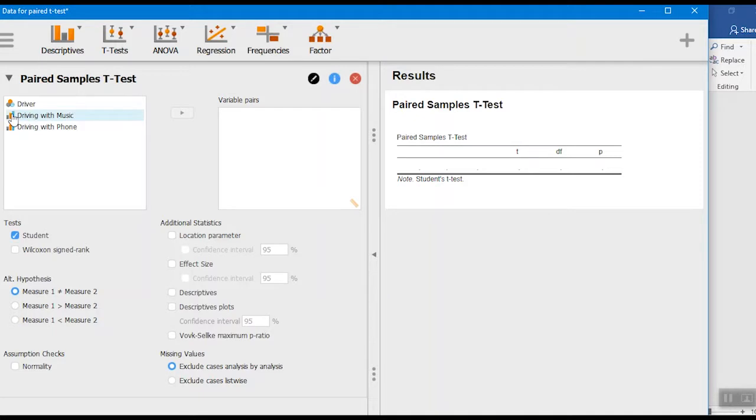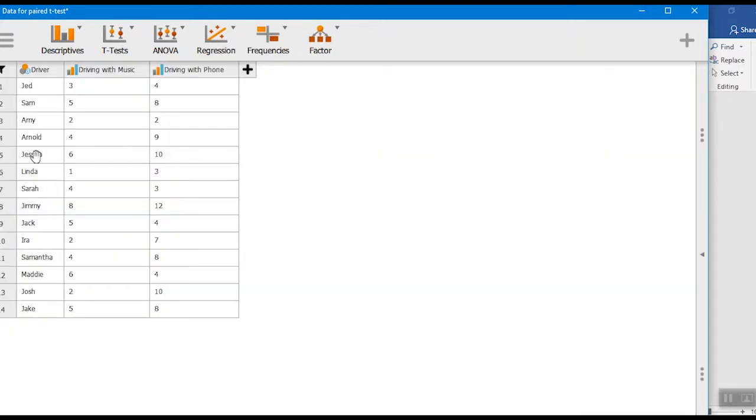And just as an aside, notice here that in the data that was brought up, it has this little symbol over here. That means that it was taken in as ordinal data, and I want it to be taken as a scale variable, as an interval or ratio scale.